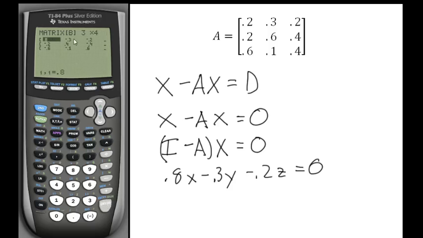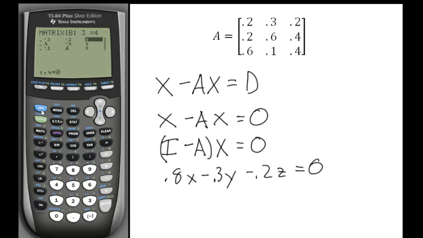Now this top row is 0.8x minus 0.3y minus 0.2z equals 0. We have our entire equation for that top row as well as for rows 2 and 3. Now that we have our full system of linear equations, we can solve it.